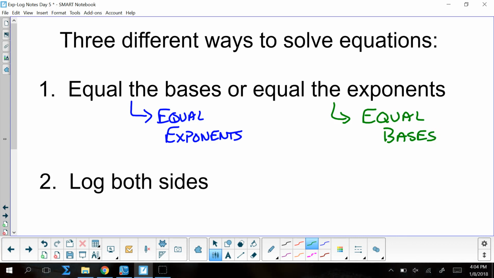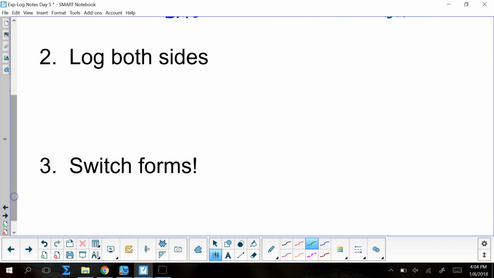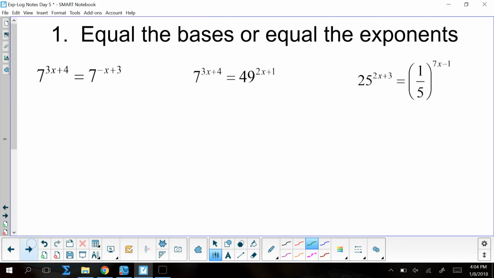Okay? That's one way. Another way that we can solve things is we can take the log of both sides. Okay? Bring down the exponents, all that fun stuff. Okay? Or we can always switch forms. So what I'm going to do now is take some time and go through each one of those different ways to solve.